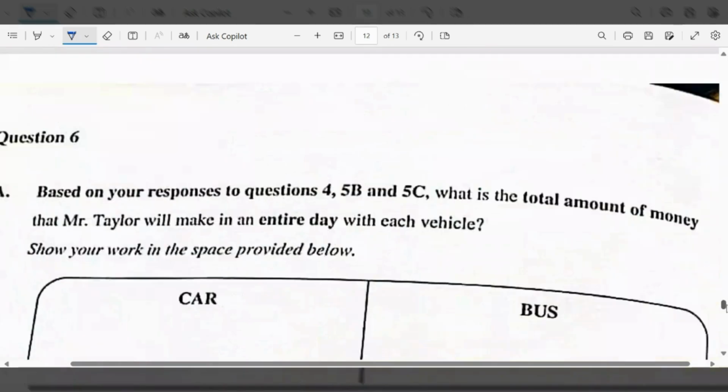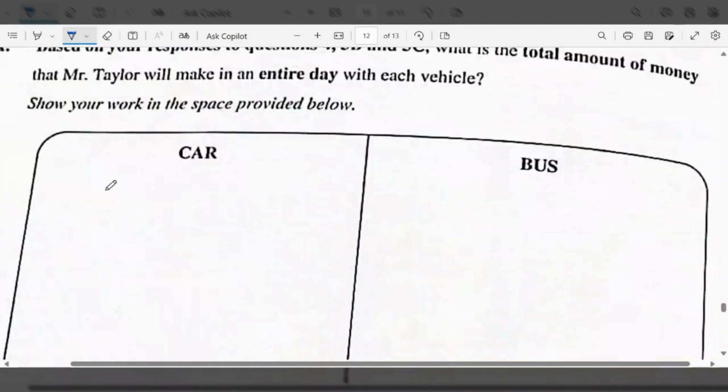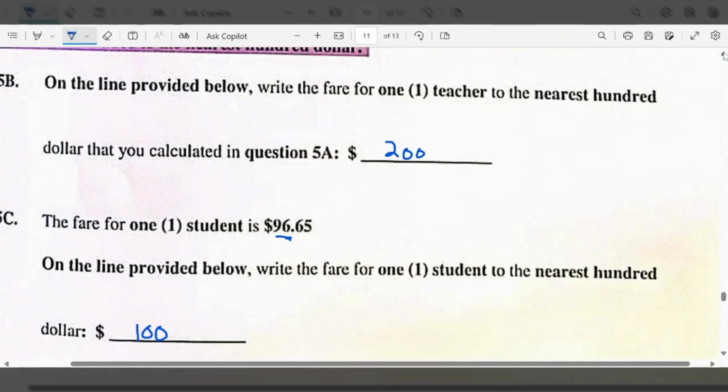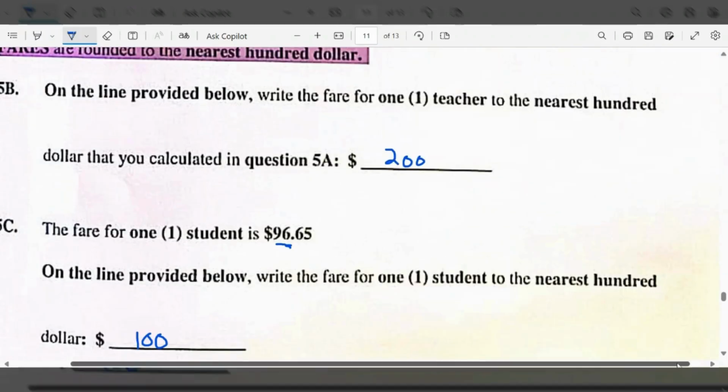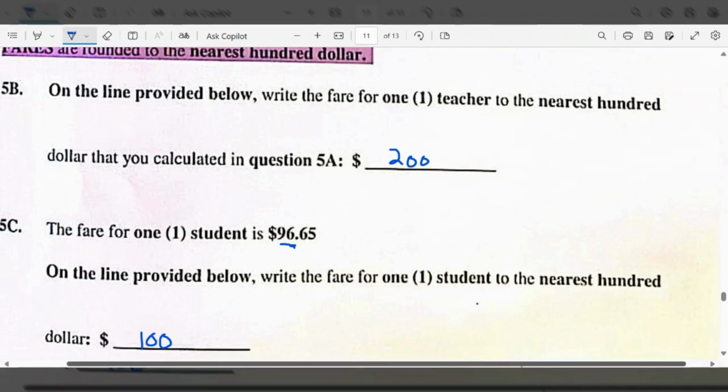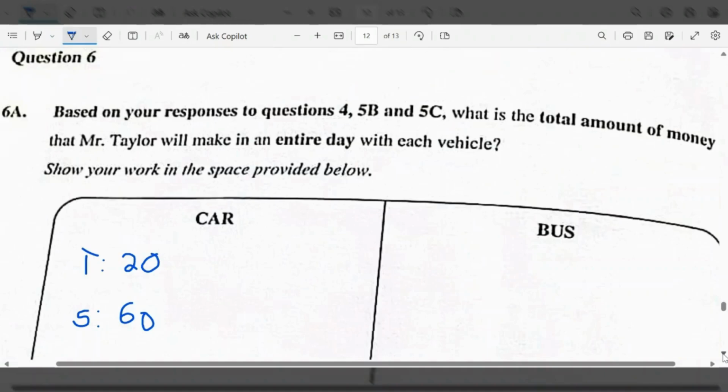So let's work out the car first. 20 teachers and 60 students. Gonna just put T for teachers and S for students. So it says based on the answer in 5C, so we're actually using the rounded version then. So we're using 200 and 100 now.